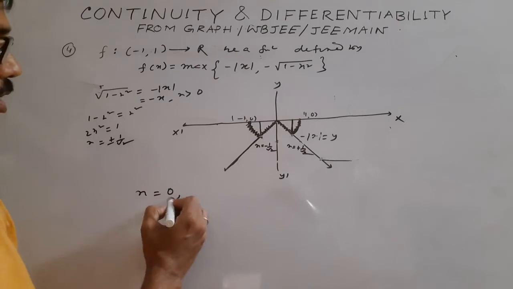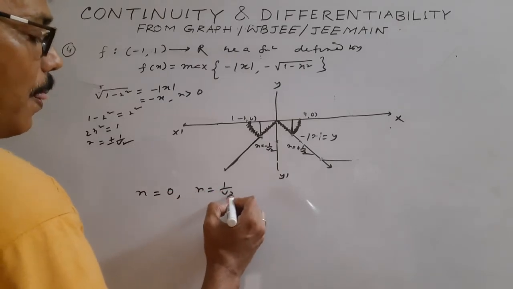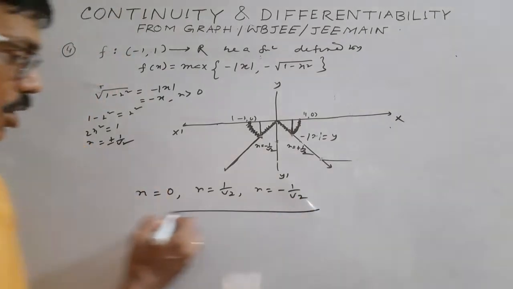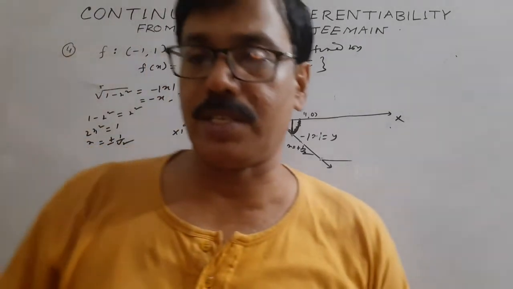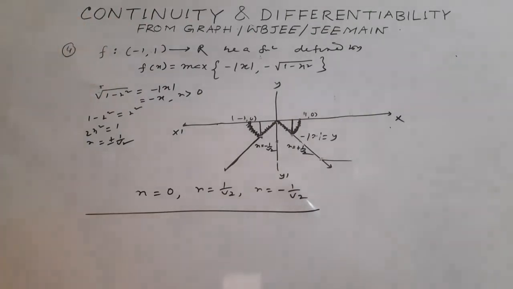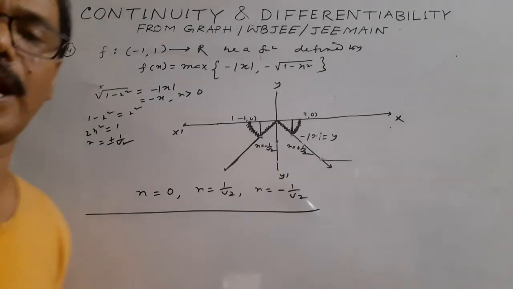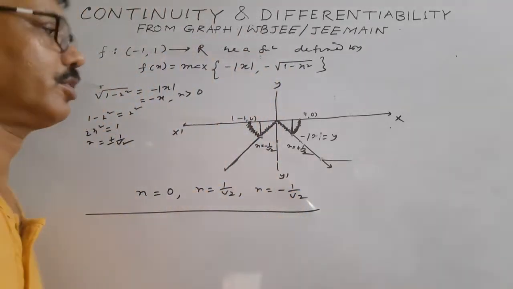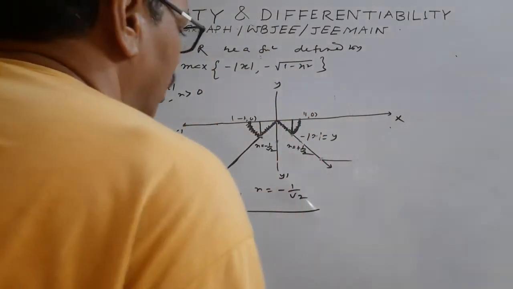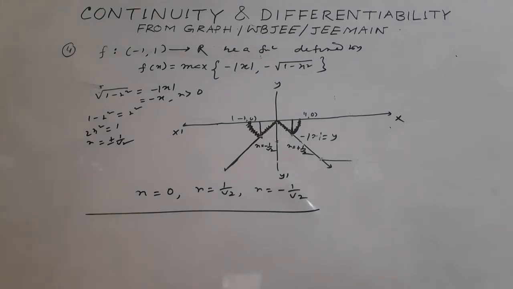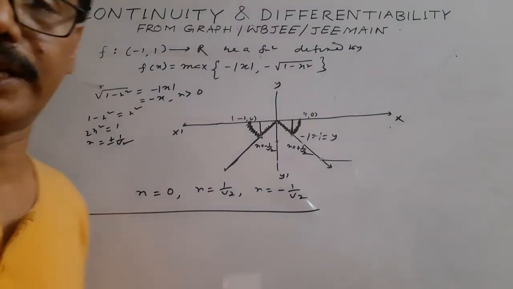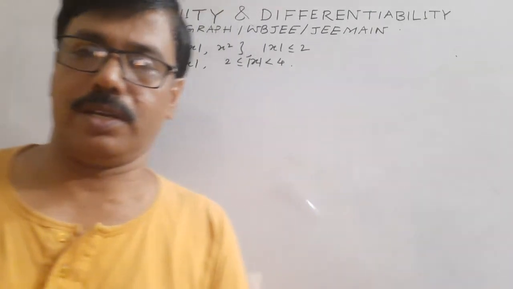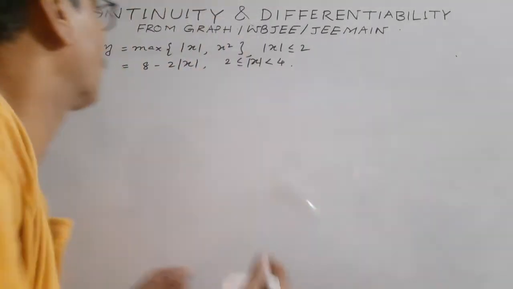What are the points? x equals these. So the problem was given in this form: it is not differentiable at exactly 3 points. Now you consider problem number 5.